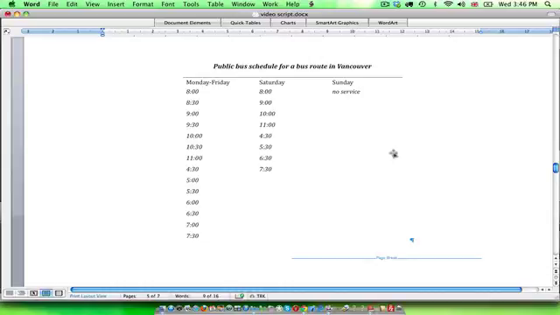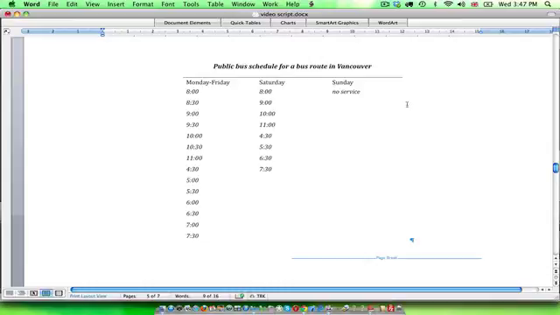So this is a schedule, a bus schedule, and it shows travel times from Monday to Sunday. What are the broad details here? Well, the broad details are that there is heavier bus circulation between Monday and Friday, less bus circulation on Saturday, and no bus circulation on Sunday. That is the broad trend.